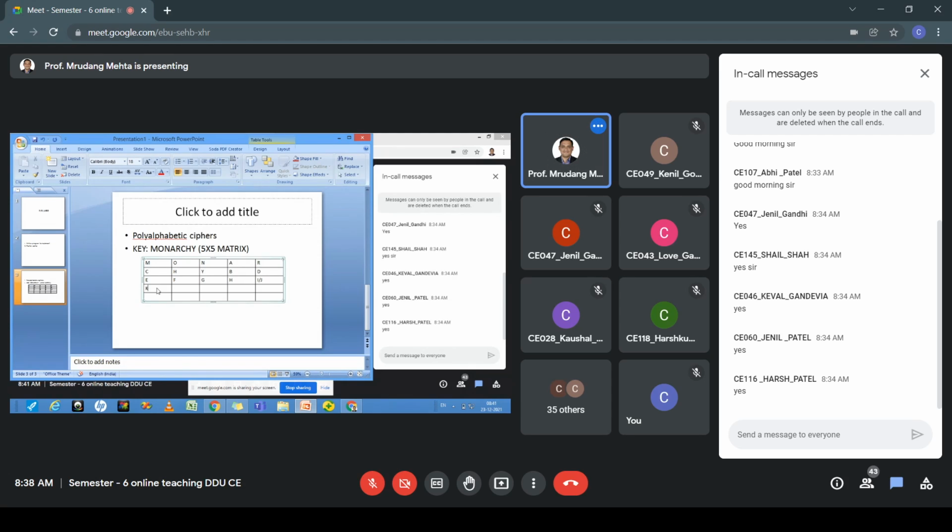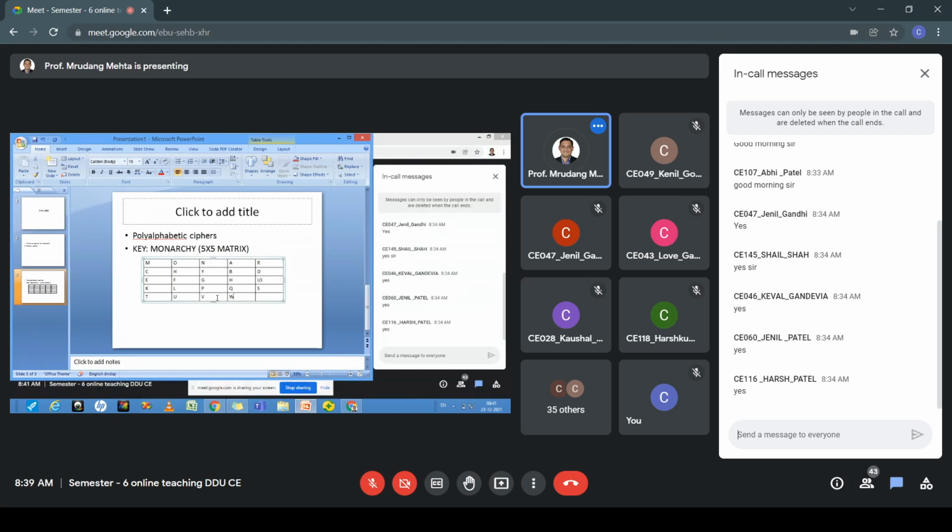Then K, then L, M is already there, N is already there, O is already there, P, Q, R is there, S, T, U, H is also there in monarchy, so we have not taken it. Okay, U, V, W, X is there.